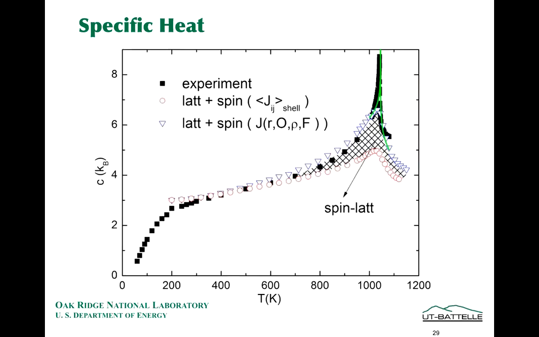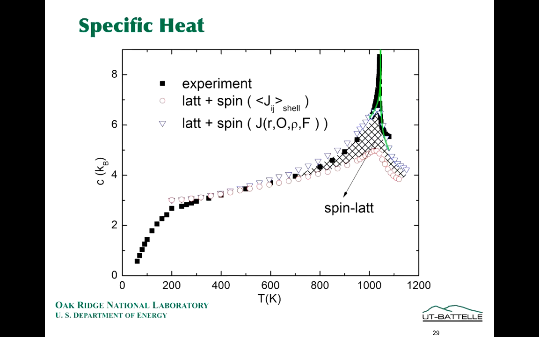And for comparison, in the red circles there, we exclude this interaction. So you see in the shaded area between these two curves the importance of the contribution of this interaction between the magnetic and atomic degrees of freedom for the specific heat, especially near the Curie temperature.